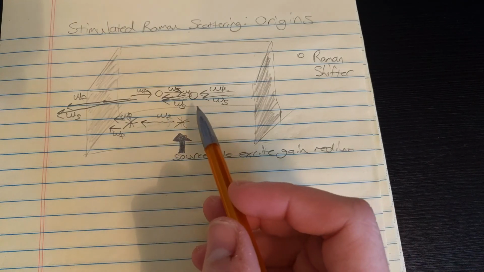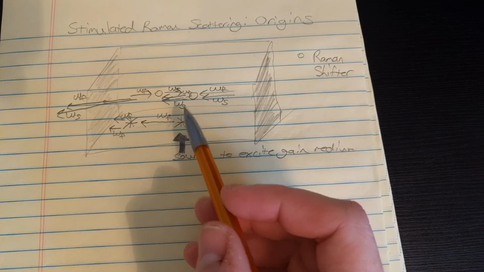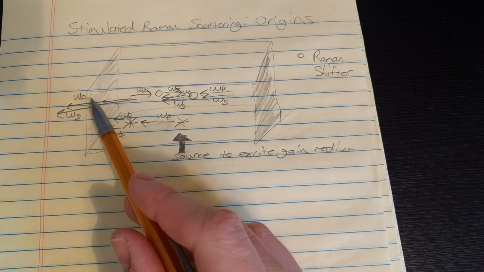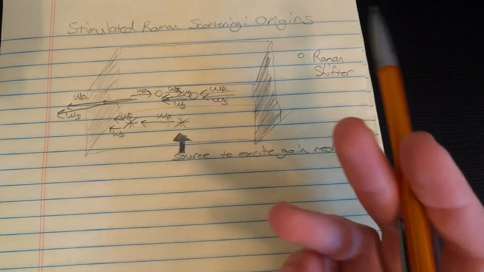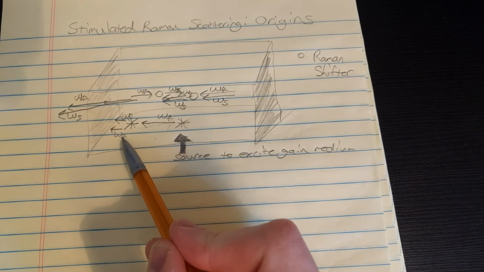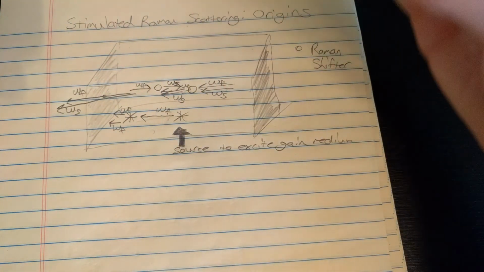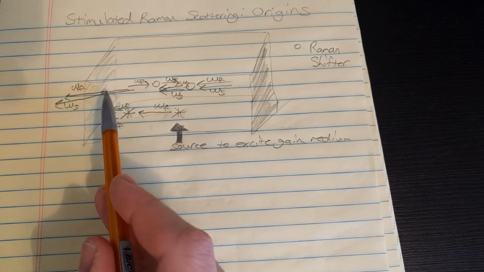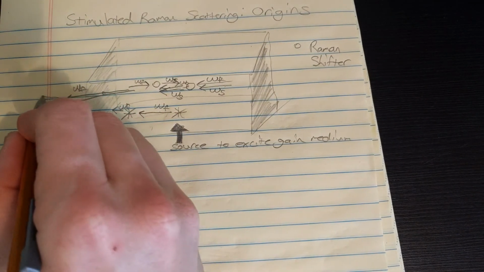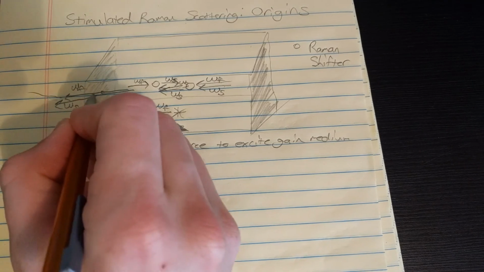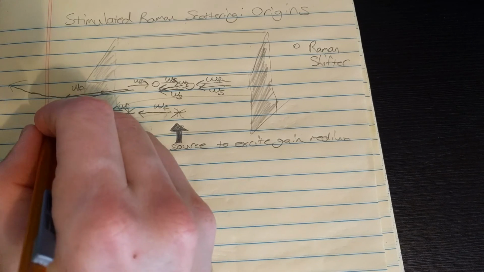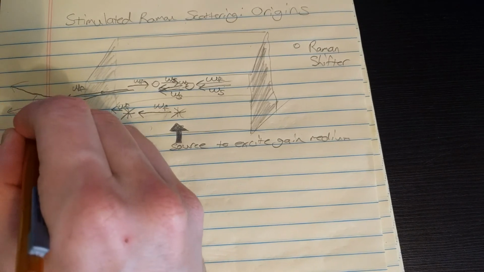Okay, now what else can you do with this scattered light? Well, the stimulated Raman scattered light is coherent just like omega F is coherent. There are a few properties of lasers that make them nice. One is that the beam is very narrow and has a very small angle of divergence. There's a bunch of light rays coming out of here, right? But they're slowly going to diverge, only by a very, very small angle.